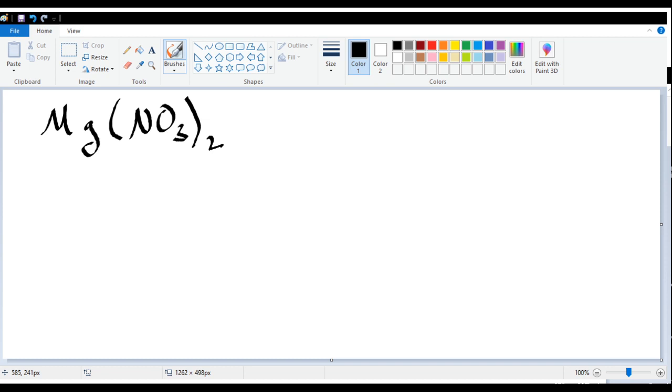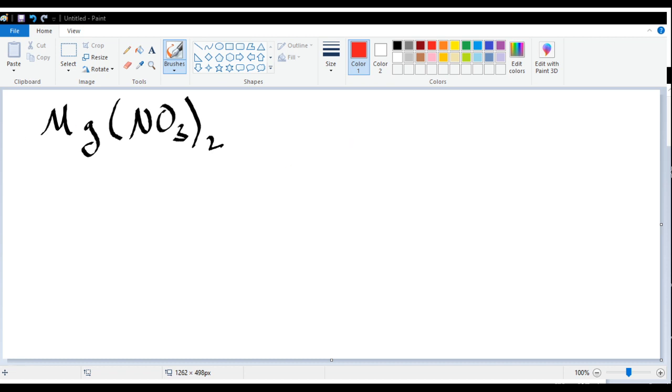All right. So back to magnesium nitrate. So again, we have an ionic compound, magnesium nitrate. Magnesium is a monatomic ion. Therefore, it's just going to be the charge on the magnesium.